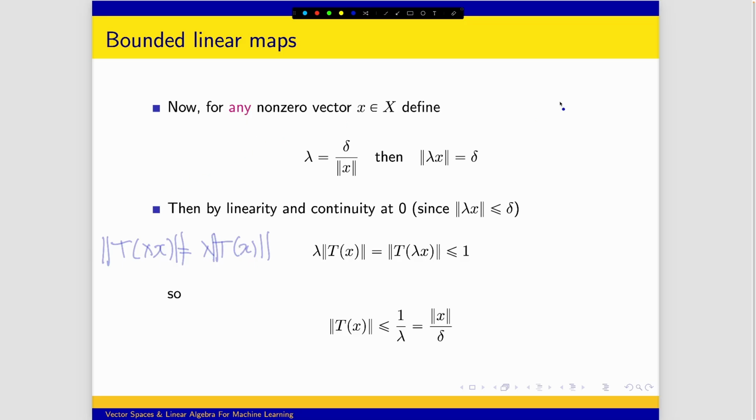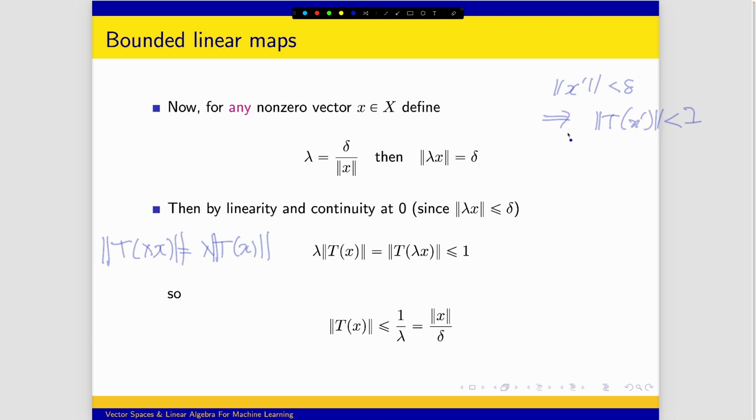Now, we have the following condition. We are assuming continuity at 0 using the epsilon delta definition. So that says that if the norm of, let me say, x prime is less than delta, this implies that the norm of T of x prime is less than 1.